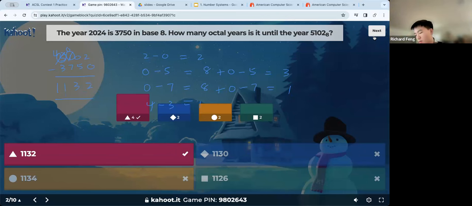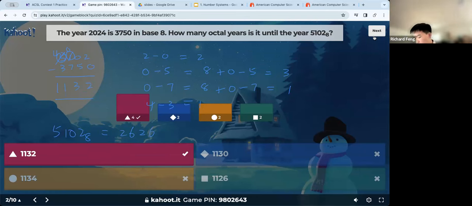If you found the subtraction to be a bit challenging, another way you could do it is convert. So 2024 is already given, so you can convert 5102 to base 10. This is the same thing as 2626 in base 10.